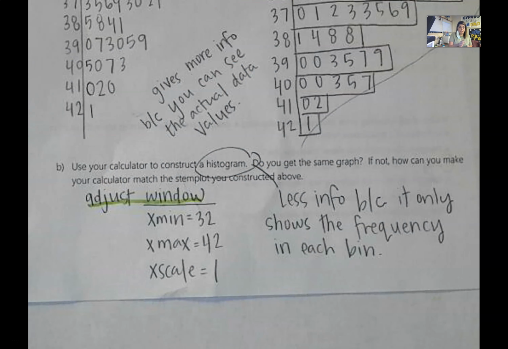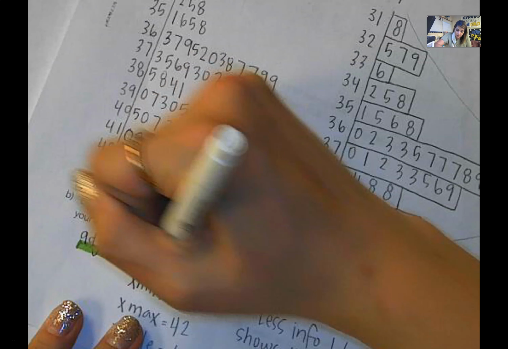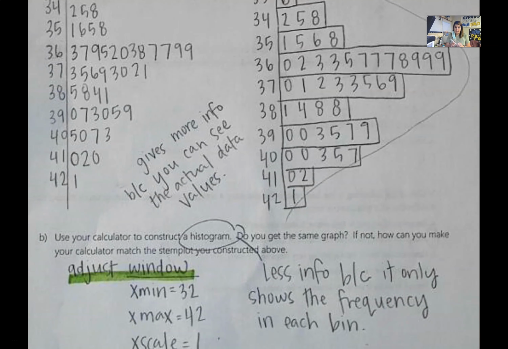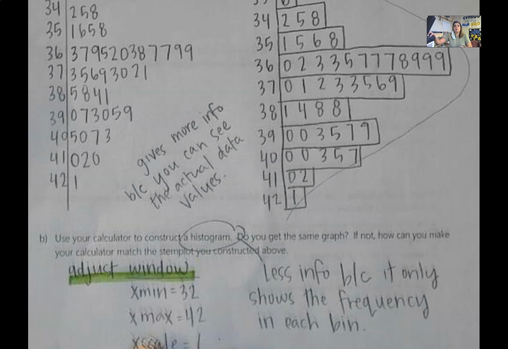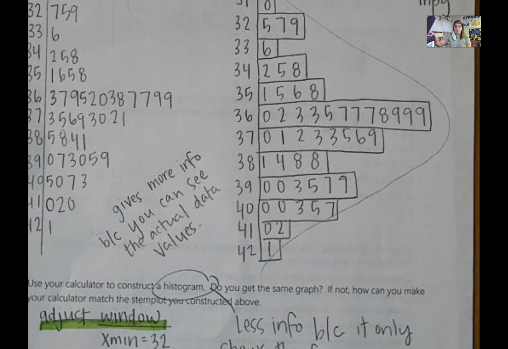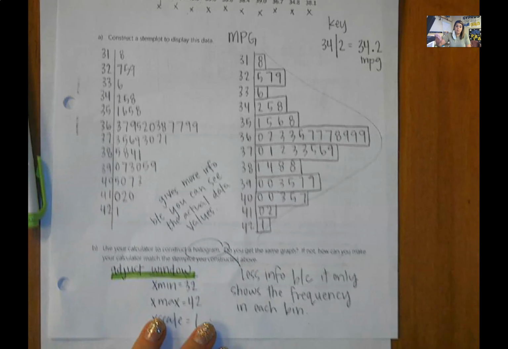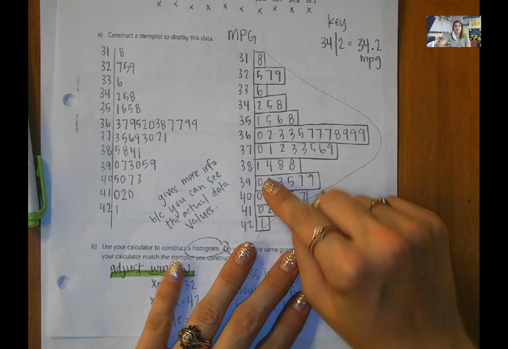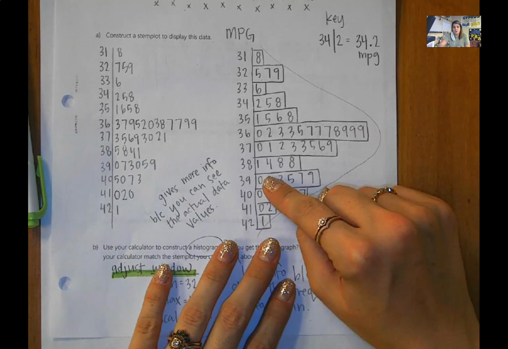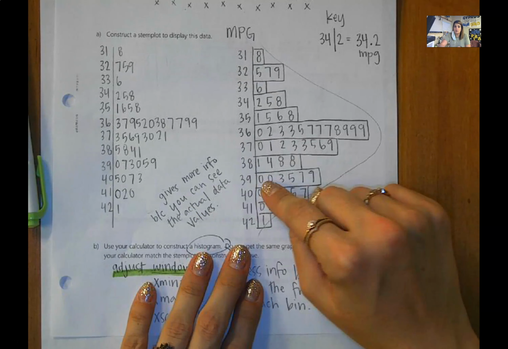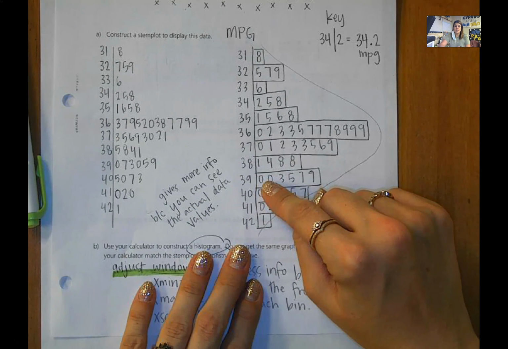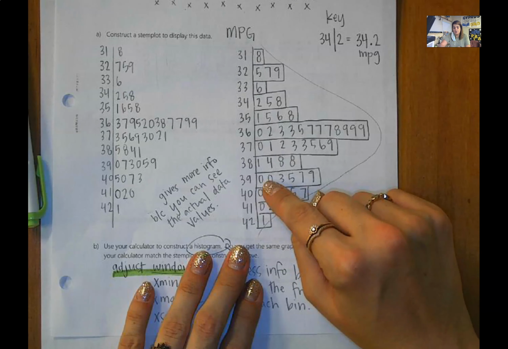So the one last thing that I want to talk about on this can you do before I let you finish the backside on your own is the advantage to a stem and leaf compared to a histogram. So a stem plot is going to give you much more information. This gives you more info because you can see the actual data values.